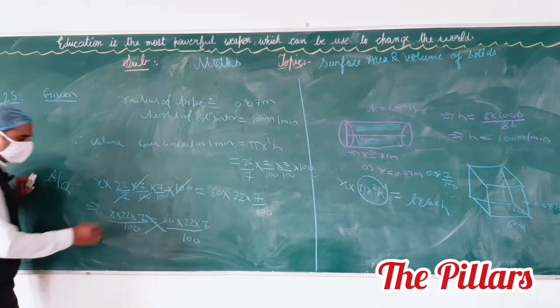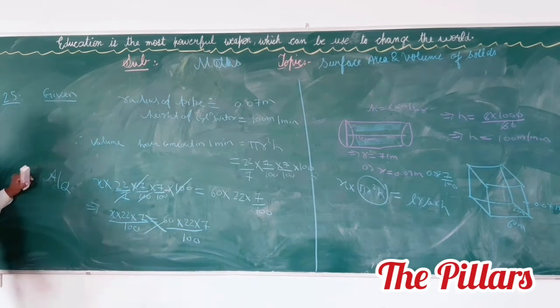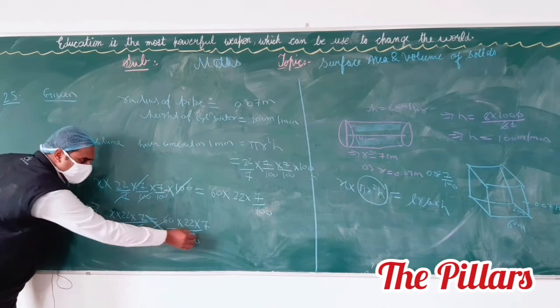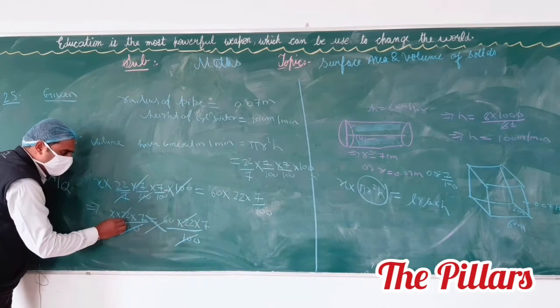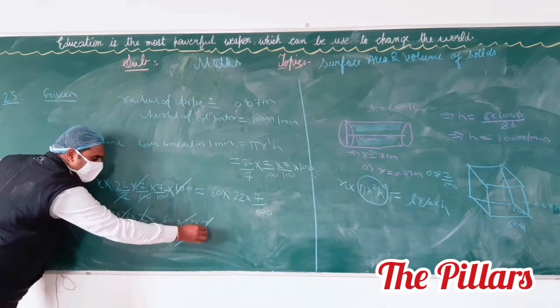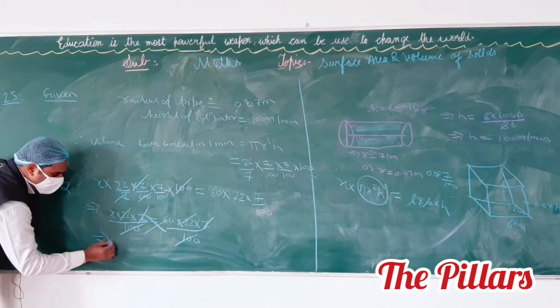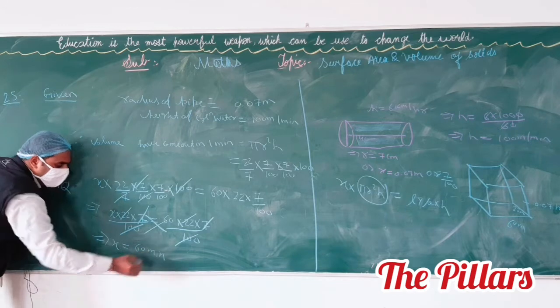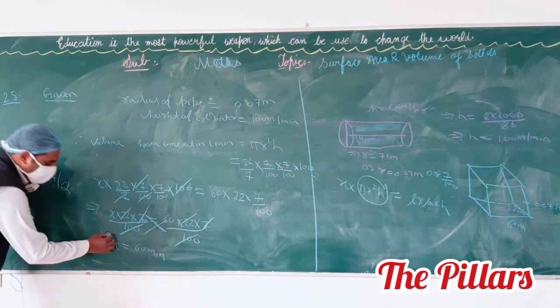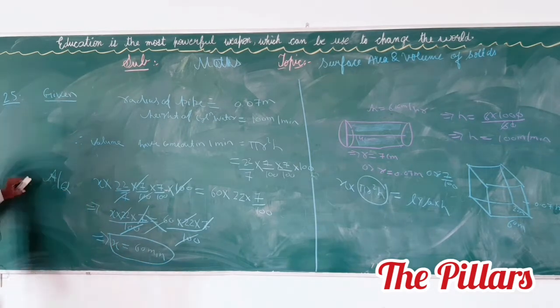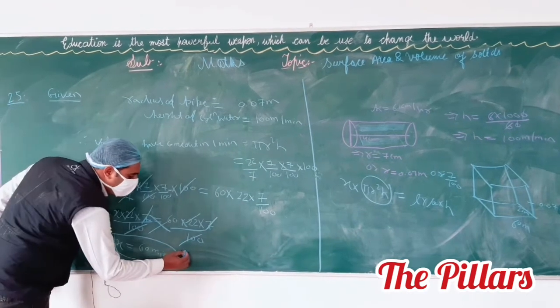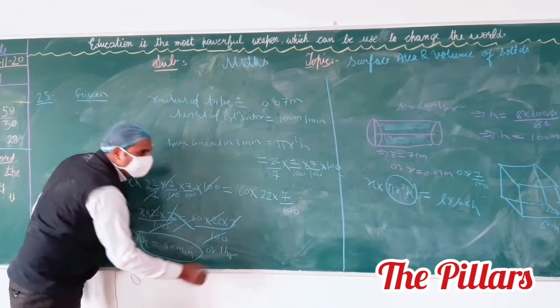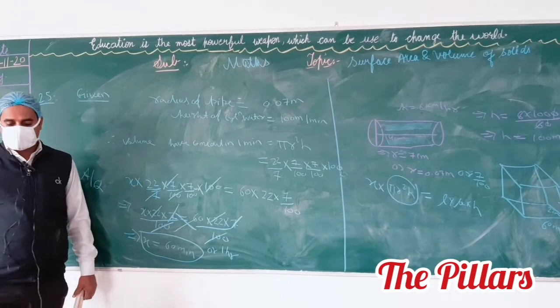Do the cross multiplication, or cancel out this 100 and 100, 22 and 22, 7 and 7. The remaining value of x equals to 60 minutes. How much time do you require? 60 minutes or 1 hour. Anyone have any problem?